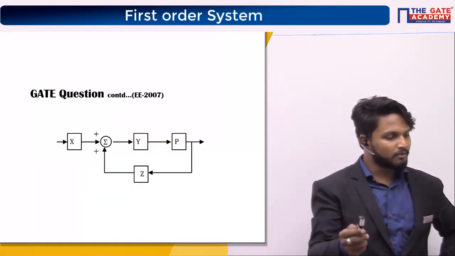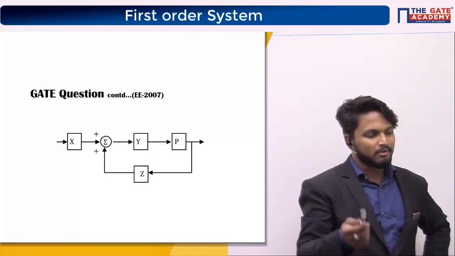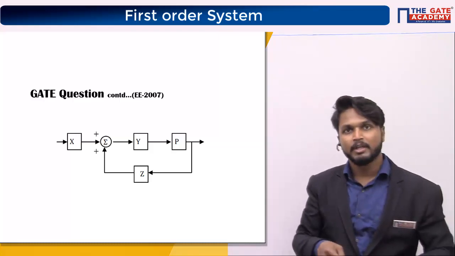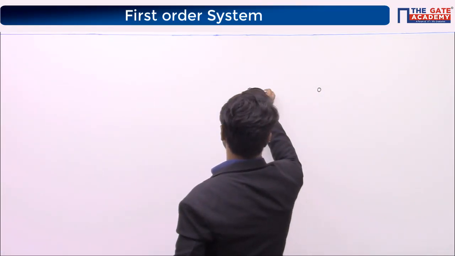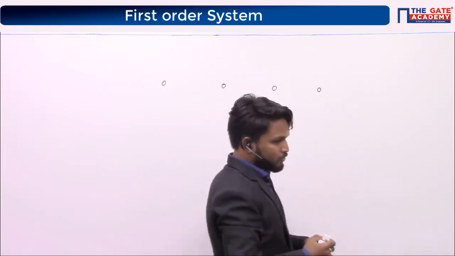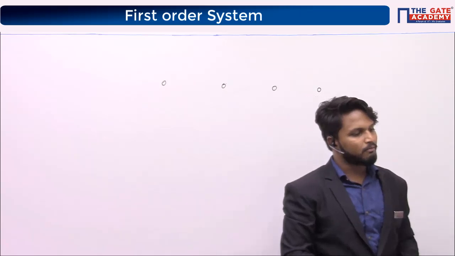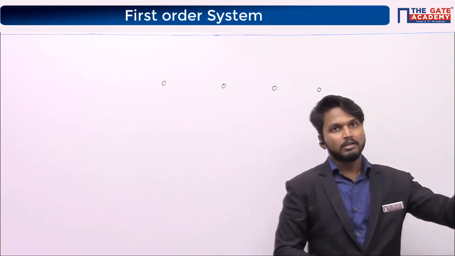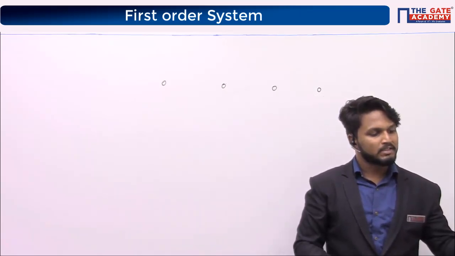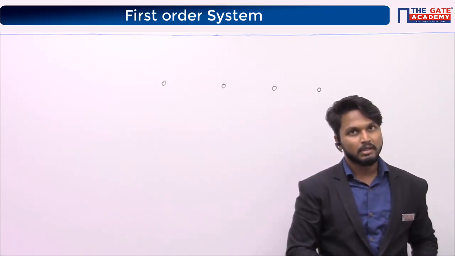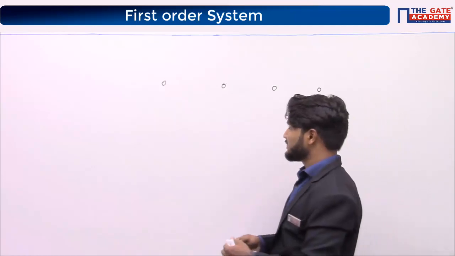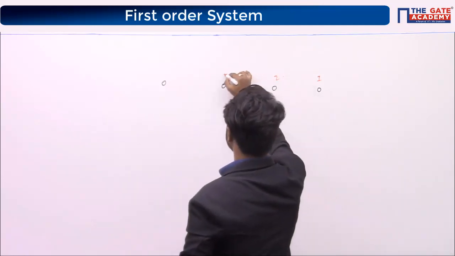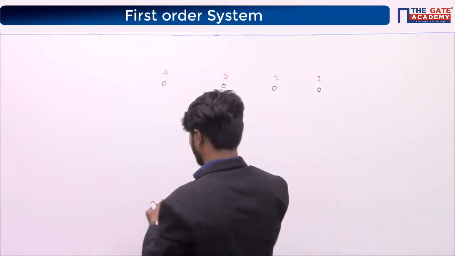See here, we have two takeoff points at the end, and two summing points just before them, right? Therefore, I'm just indicating each and every one with a single node. Before those two summing points, we have one more takeoff point. Let us call these 1, 2, 3 and 4.